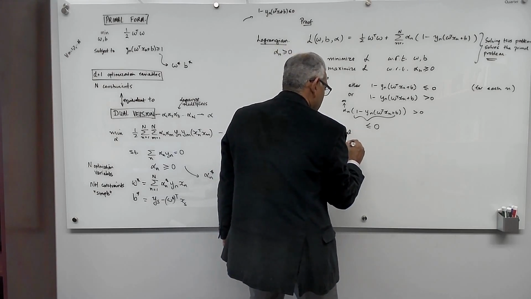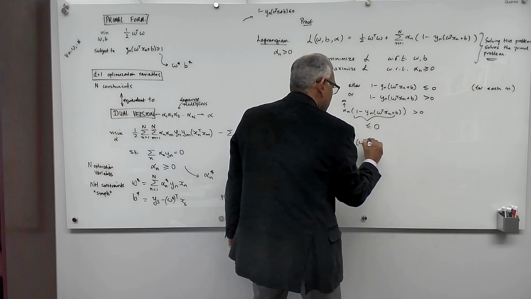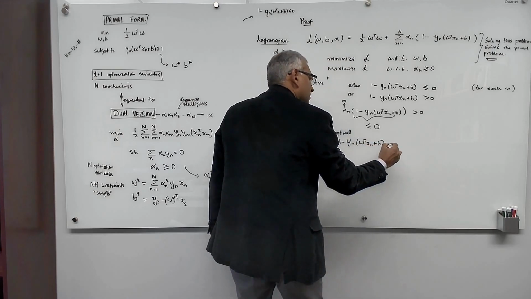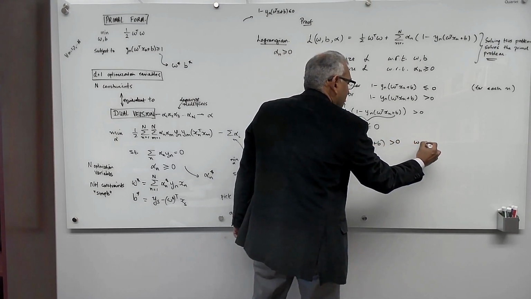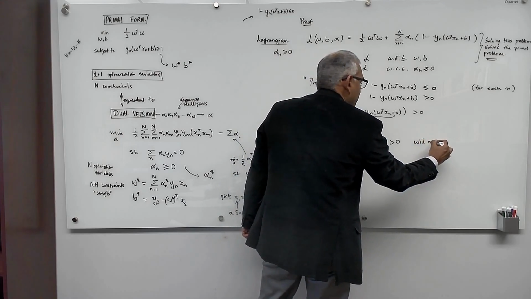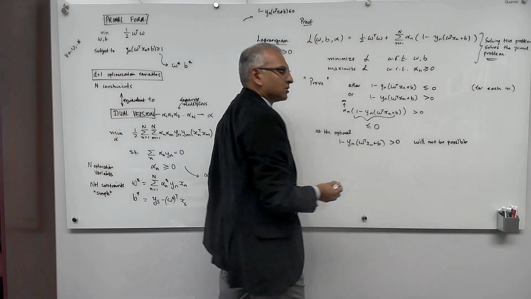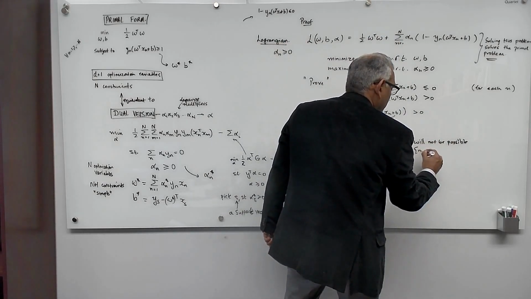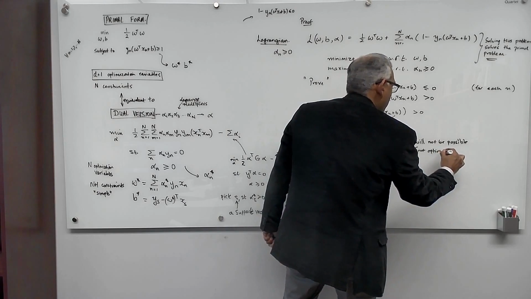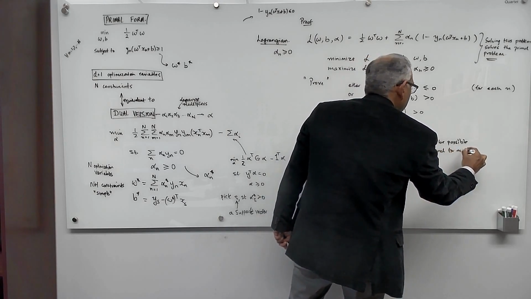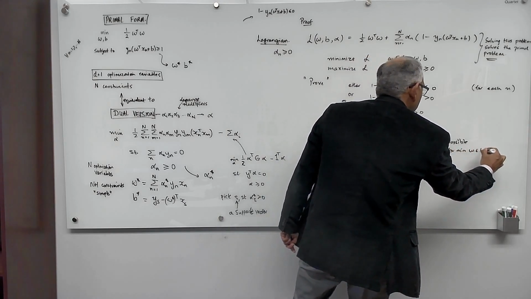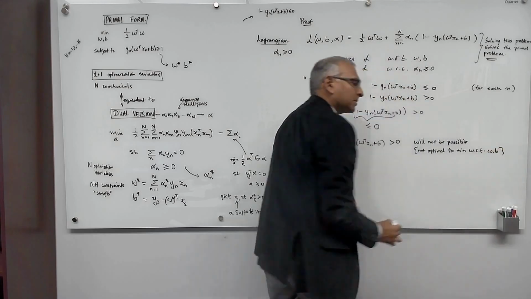So at the optimal, 1 minus yn (w transpose xn plus b) greater than 0 will not be possible, because then the Lagrangian will be infinity, and so it's not optimal for minimizing with respect to w and b. So that will never happen.